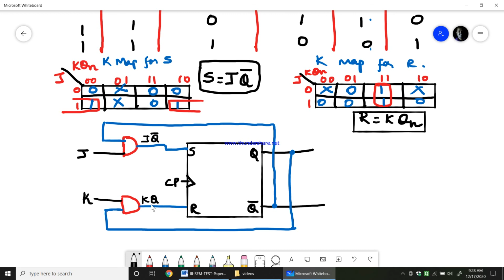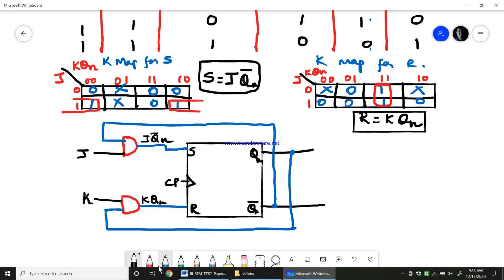That is what we have written, Qn plus 1, which is J Q bar plus K bar Q. Okay, so this is how we convert.